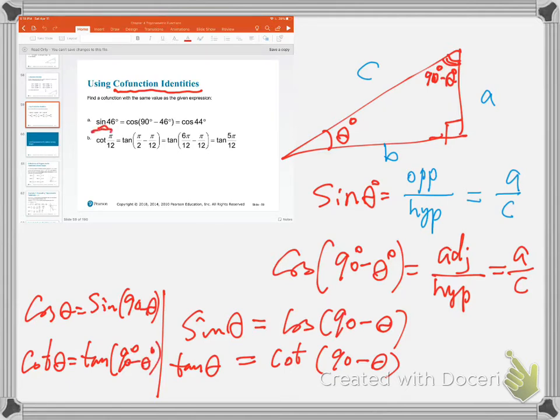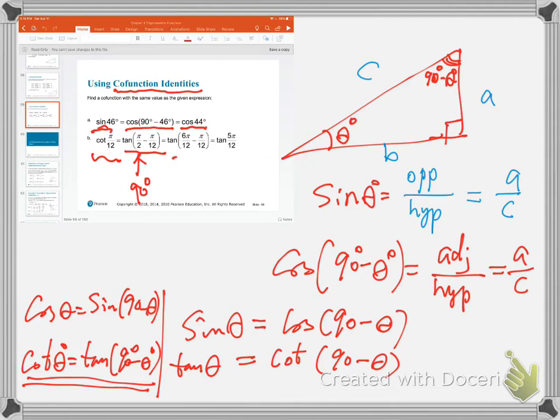So sine 46 is cosine of 90 minus 46, so it's cosine 44. You just subtract from a right angle, so pi over 2 is 90. Cotangent, you change it to tangent, and then 90 minus the angle.